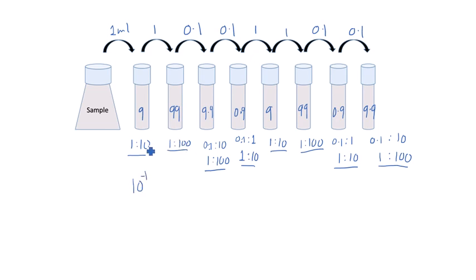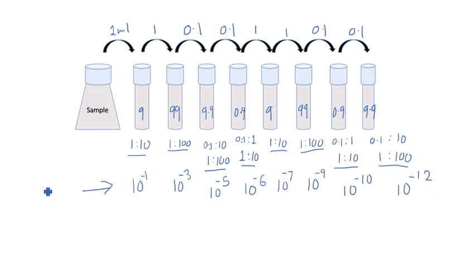Then starting again from the beginning, 1 2 3, so that's 10 to the power minus 3. 1 2 3 4 5, 10 to the power minus 5. 1 2 3 4 5 6, 10 to the power minus 6, then 10 to the power minus 7, 8, 9, 10 to the power minus 10, 10 to the power minus 12, and this will be the total dilution factor of your tubes.